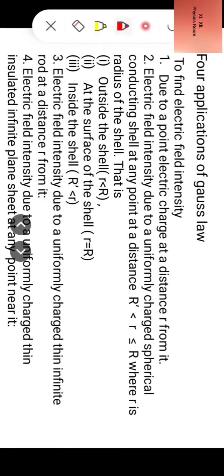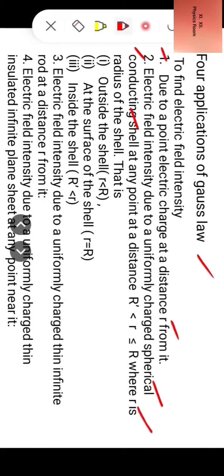Now, 4 applications of Gauss law that we are to discuss here. First, to find the electric field intensity due to a point electric charge at a distance r from it. Second, to find electric field intensity due to a uniformly charged spherical conducting shell at any point at a distance r dash, less than or equal to capital R, where R is the radius of the shell.